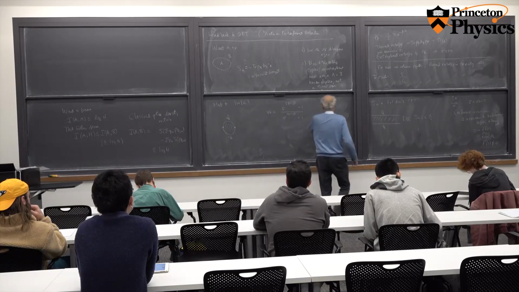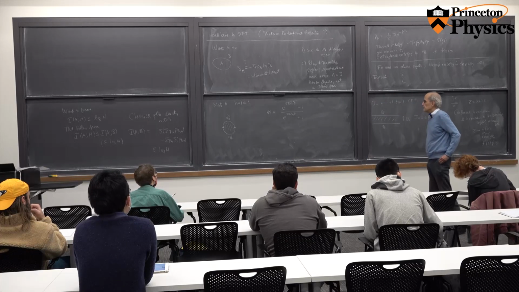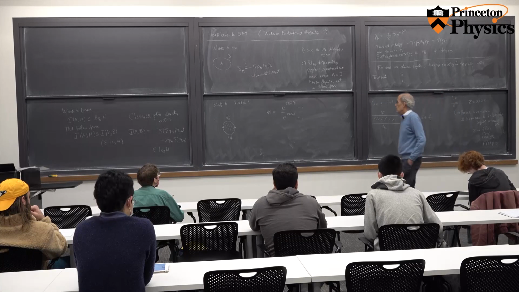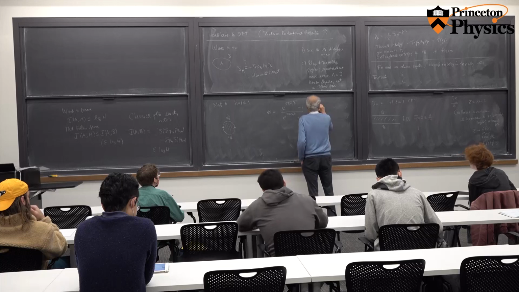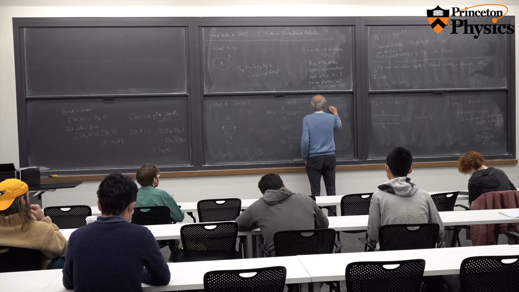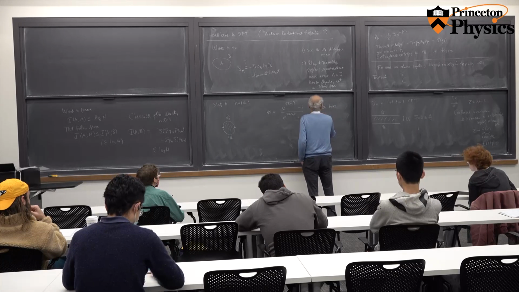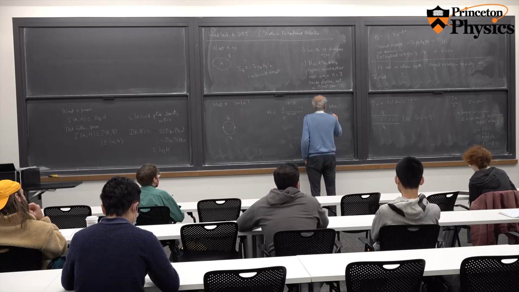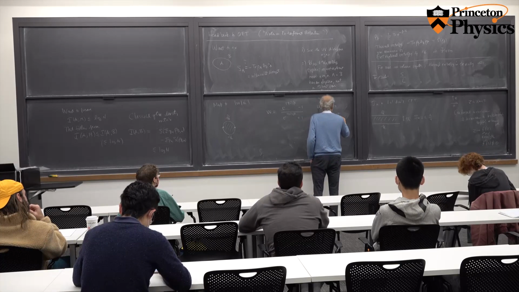Well, I'll partially check it by seeing what that map does to the boundaries. So on the upper boundary, z is i times beta over 4 plus t, where t is real.